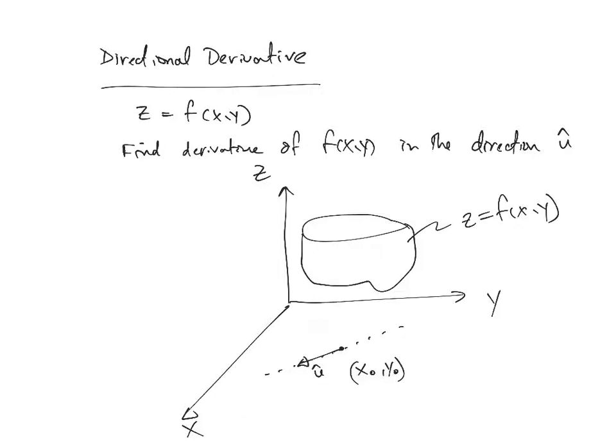So that means x changes a little bit and y changes a little bit. And we see, okay, how much does z change? As I go from this point on this line to this point, well, that means z is going to change, say, from here to here. Okay?